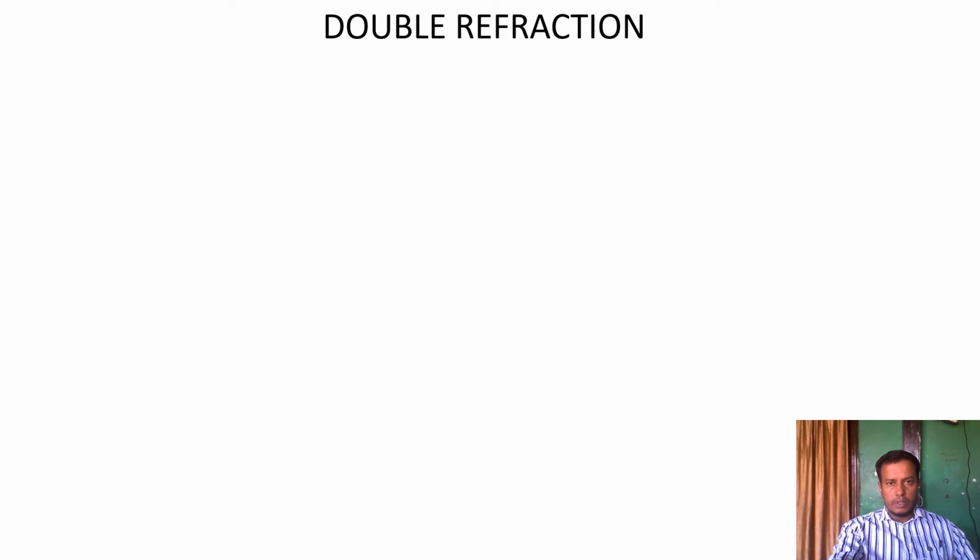refraction. Let us see the properties of light. Light travelling in a straight line is called rectilinear propagation of light. When this light travels from one medium to another medium, it changes its track, that is, it bends. That is called the law of refraction.